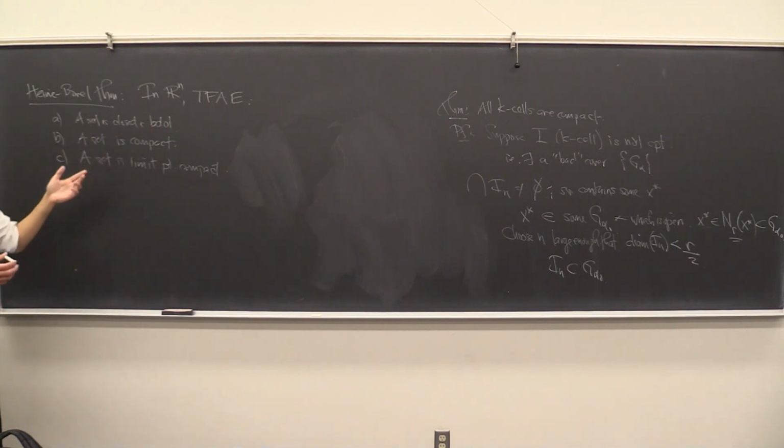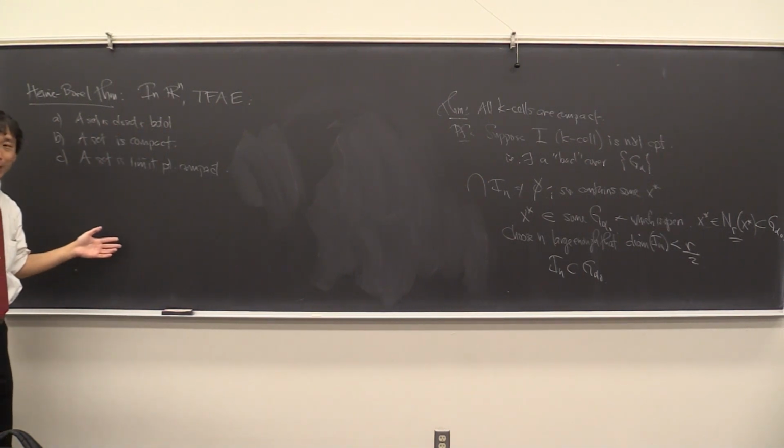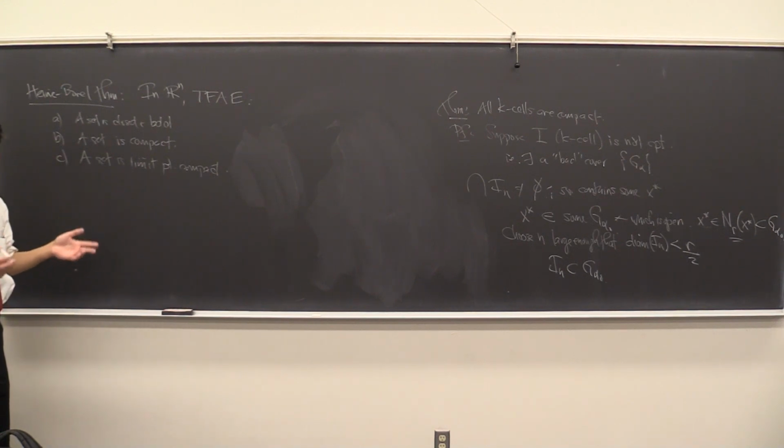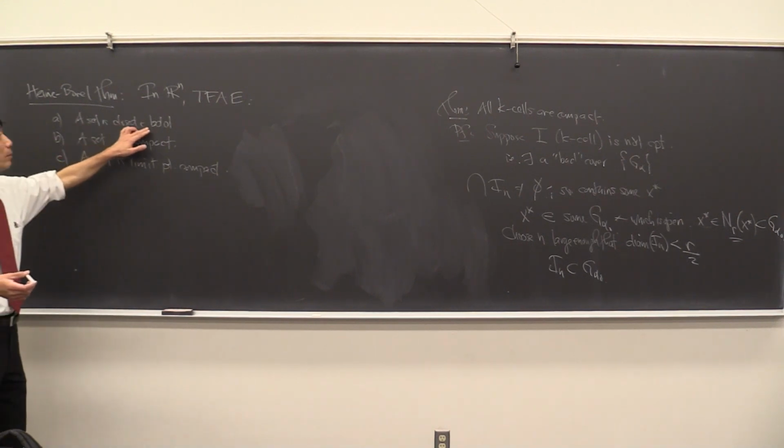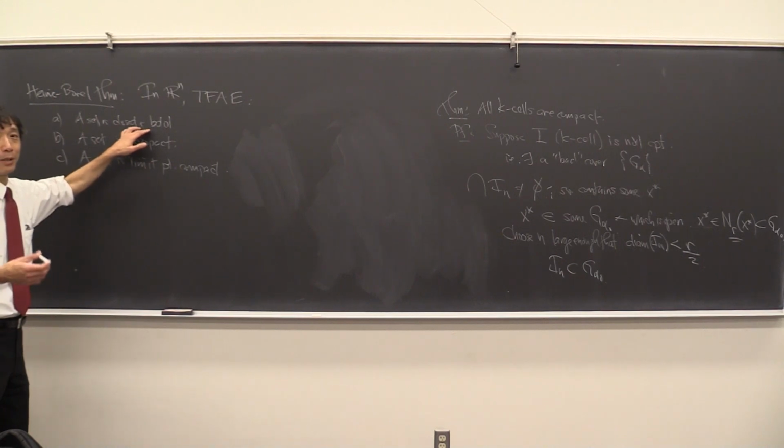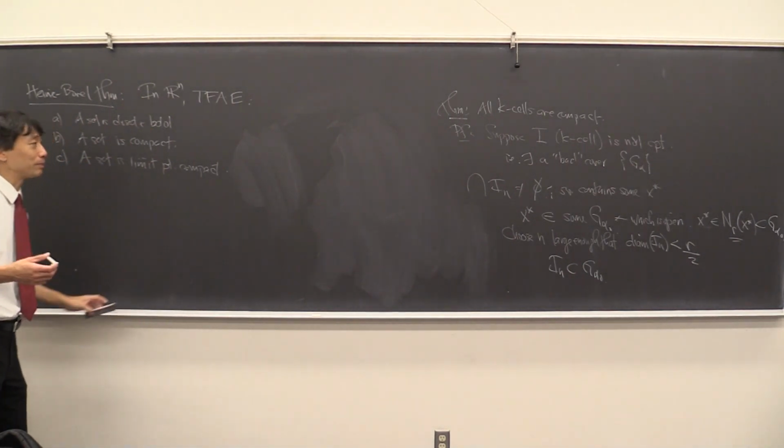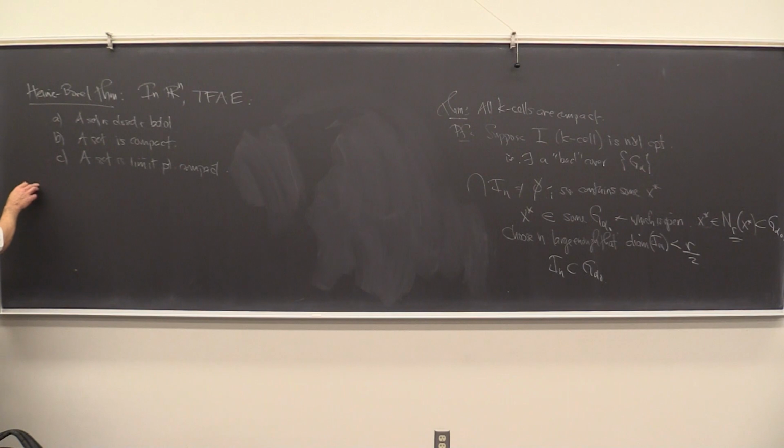Previously, you'd have to say every open cover has a finite subcover, but this is a far easier condition to check. You just check it's closed, check it's bounded. Okay, so let's take a look at it. We're saying that all of these statements are equivalent to each other.